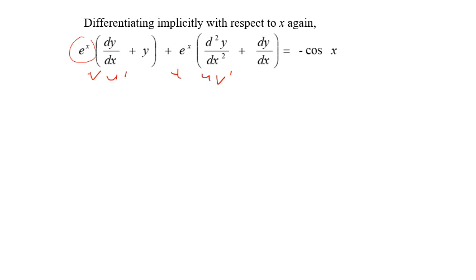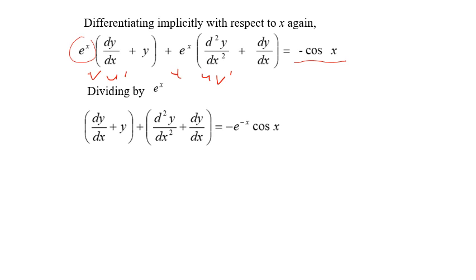So we got this, and also here for uv prime, and then on the right hand side, negative sine x differentiates to negative cos, and then they divide by the exponent, so they will get an exponent negative x on the right hand side.